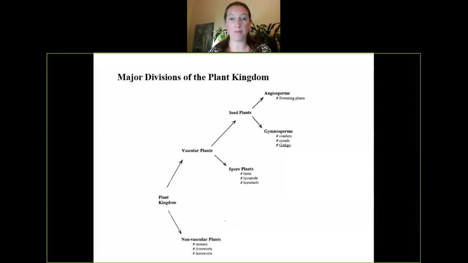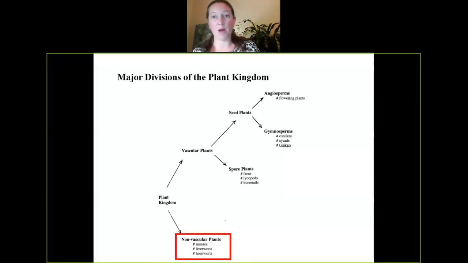So you might remember from the very first lecture or class that we have this schematic of all of the plants in the plant kingdom. And this is what I showed at the beginning of this class. So today we're going to talk about these guys, the non-vascular plants: the mosses, the liverworts, and the hornworts.